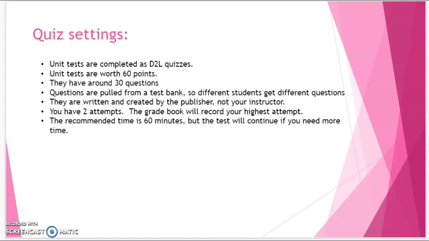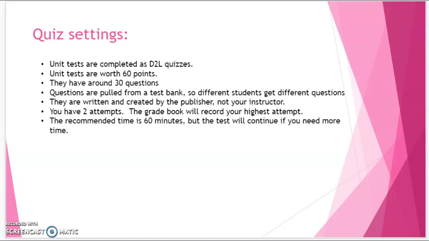So the publisher, Cengage Learning, who created the Mindscapes textbook, has found these additional readings, and they've written these questions about the additional readings and the applications, and there's a whole huge test bank of like 120 different questions, and they just randomly pull out around 30 for each test. You never know which 30 you're going to get. And if you have a friend in the class, you may get a different 30 questions than they get.